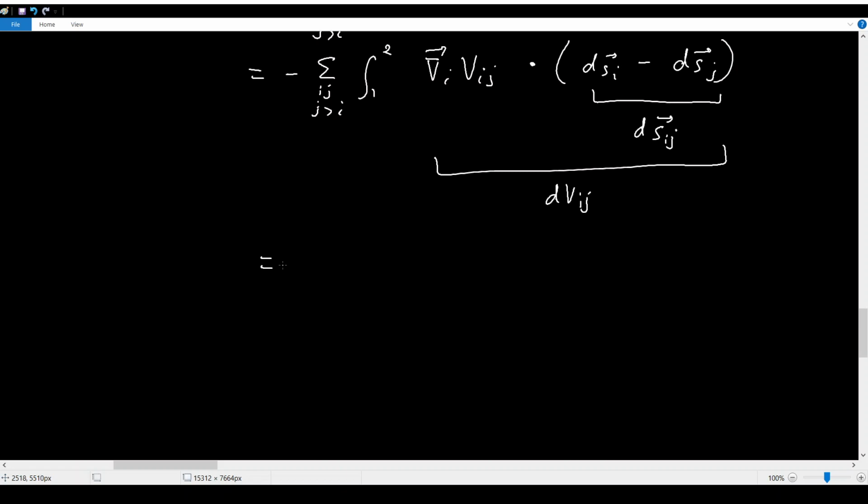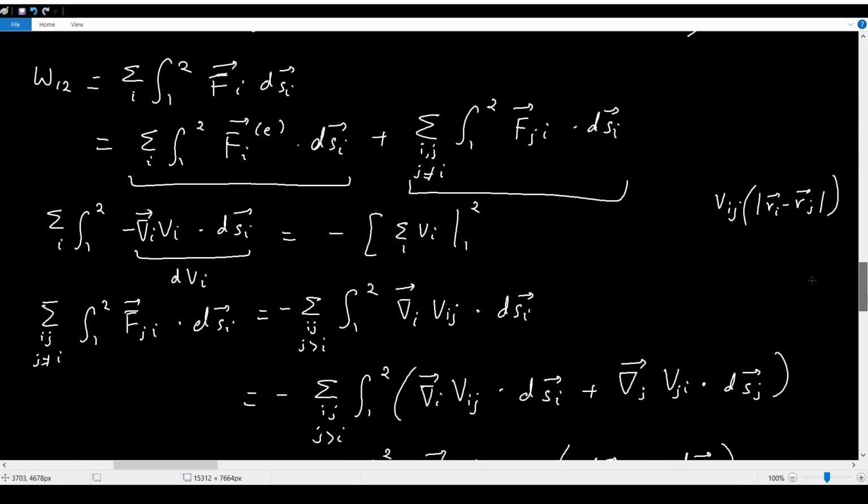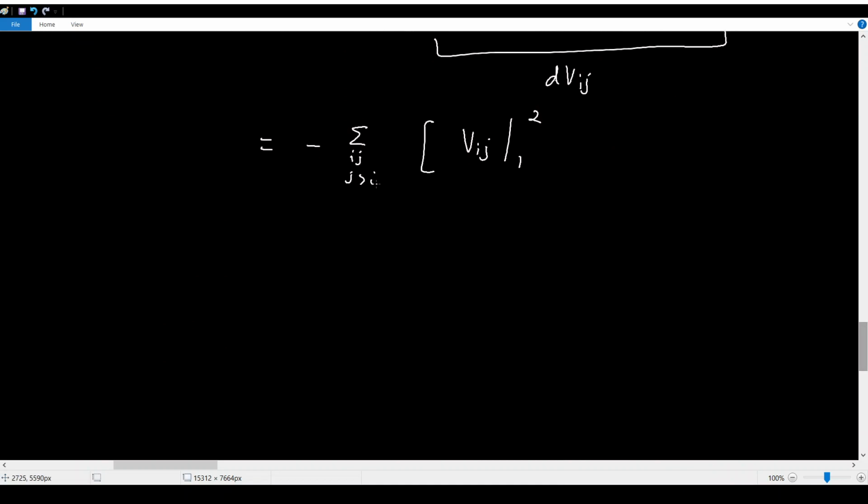Now this becomes minus, with a minus sign, summation i, j greater than i. We integrate over the whole thing, and we get Vij from 1 to 2. But the summation over here is different from the summation here, right? It's slightly different, and we have this constraint that j has to be greater than i. I don't really want this constraint.